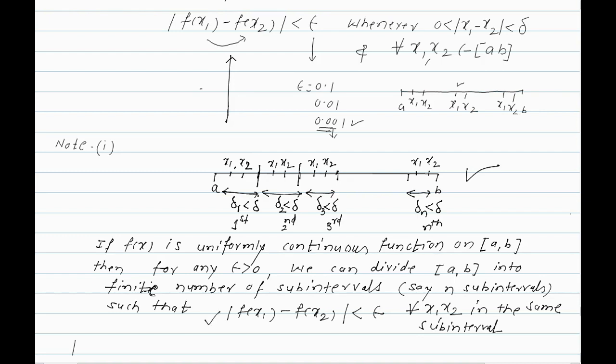If x1, x2 are in the second subinterval, the same inequality holds, and so on. If x1, x2 are in the nth interval, then the same inequality holds, that is, the difference between values of the function at these 2 points is less than epsilon. So we use this statement when we prove the first property of continuous function.